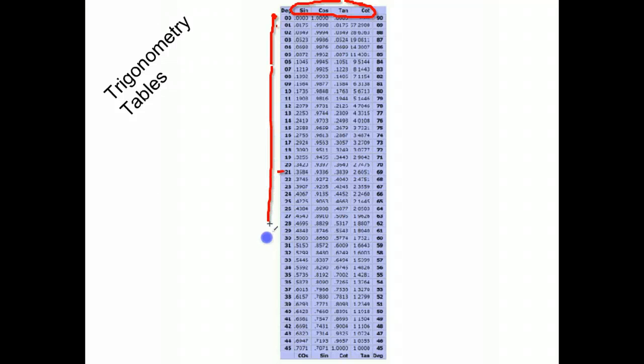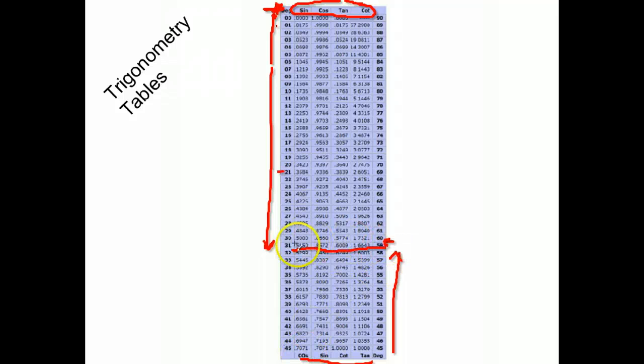As you go down this side of the table, these are the numbers you use for sine, cosine, and tangent. Notice when you get to the bottom, you have sine, cosine, and cotangent. Again, you use those as you read up this side. So as I'm going up this side, let's say I wanted to know 59 degrees. Instead of using the labels at the top, you use the labels at the bottom.